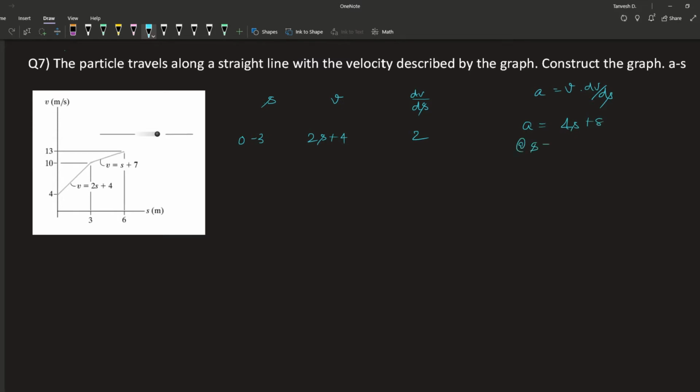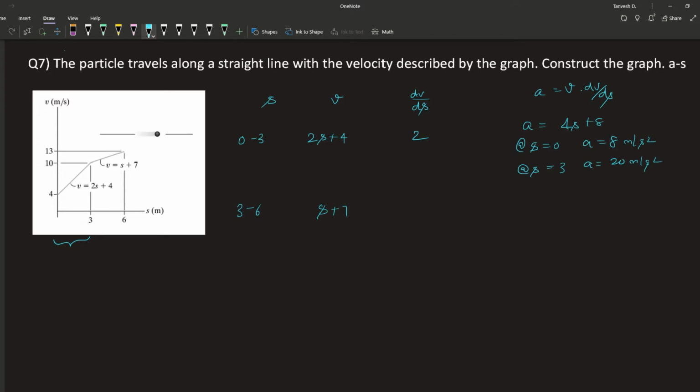At s equals 0, our acceleration is 8 meters per second square, and at s equals 3, our acceleration is 20 meters per second square. Okay, this is for the interval of 0 to 3. Then we move to the 3 to 6 interval. There the velocity is given as s plus 7.